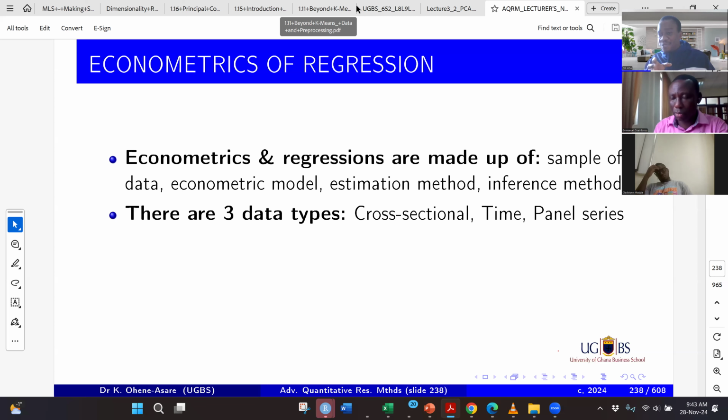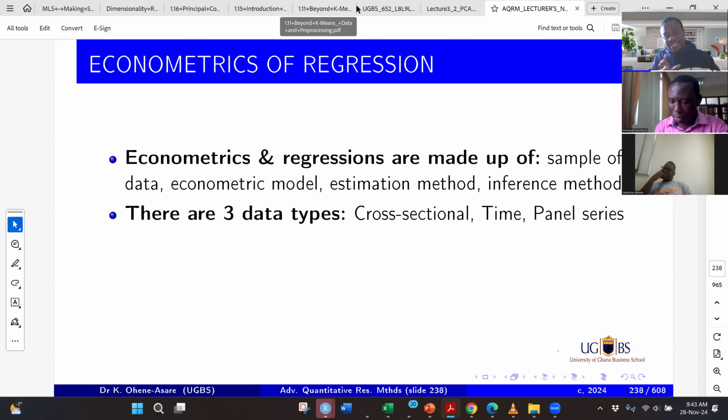Panel data econometrics uses longitudinal data, or panel series. In other words, you get observations not only across individuals, but also across time.